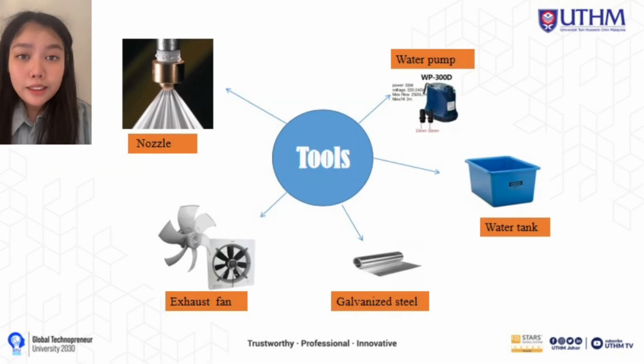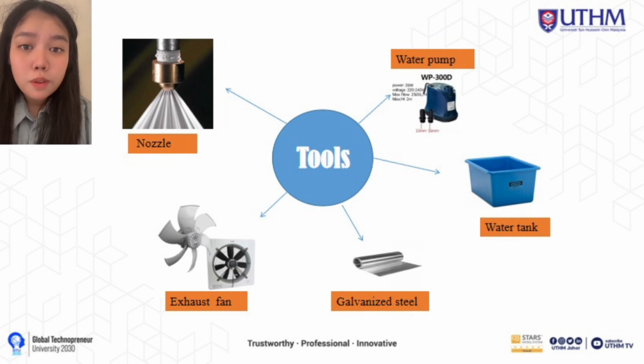Okay, so these are the materials used for building an air cooler. First, an exhaust fan. An exhaust fan forces the air it pulls in to move in a straight line along the shaft around which the blades spin. So it functions to bring out the cool air from the cooling pad. And then next is the nozzle.